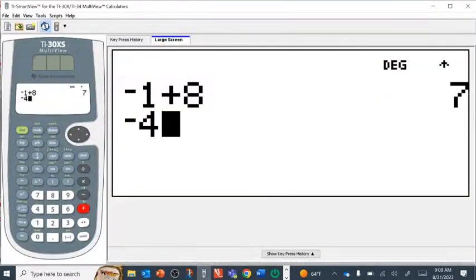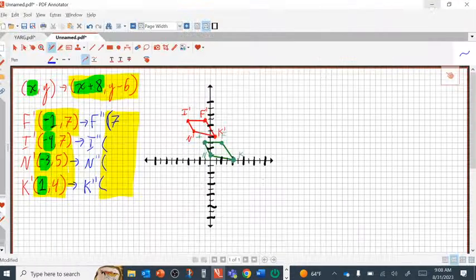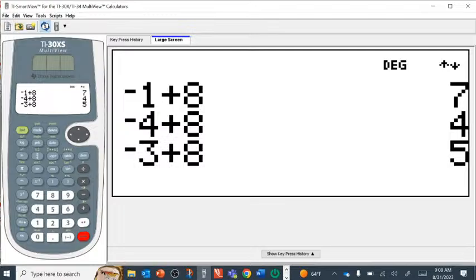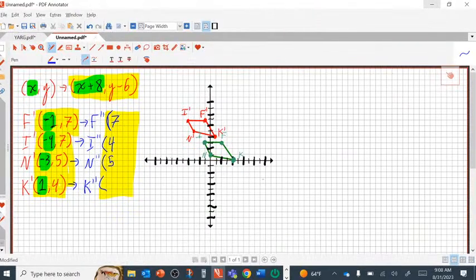Negative 4 plus 8 is 4. Negative 3 plus 8 is 5. And 1 plus 8 is 9. Good job. There we go.